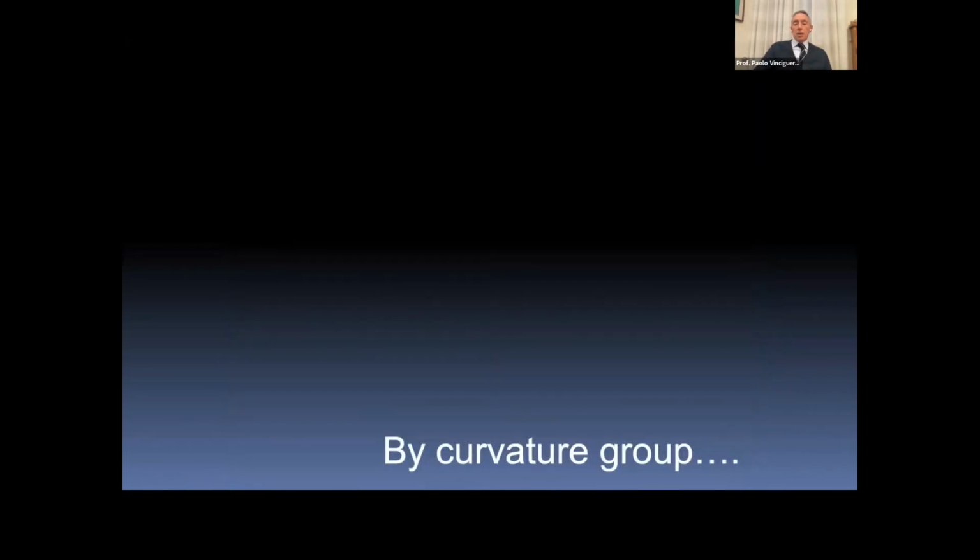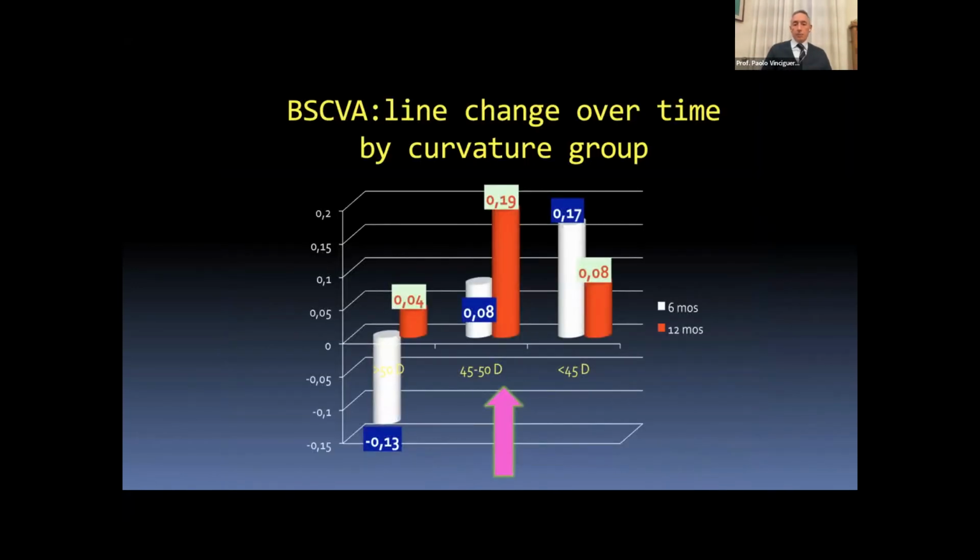Now, let's see by curvature group. The best corrected visual acuity line change over time by curvature group. The patients who gain more are the patients who lose more, they are the steeper ones. So when you have a patient with a relatively flat cornea, you can expect more gain in terms of lines.